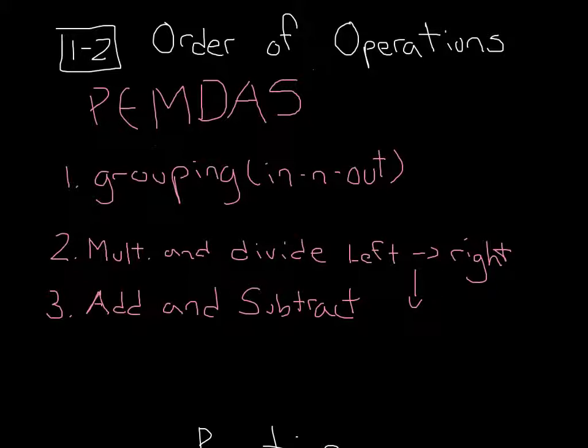Number 1: you look at the grouping or the parentheses. I remember this because it's first, the P in PEMDAS, and also because of In-N-Out, the restaurant, really good burgers. With the parentheses you want to start with the very innermost parenthesis and then expand outward.